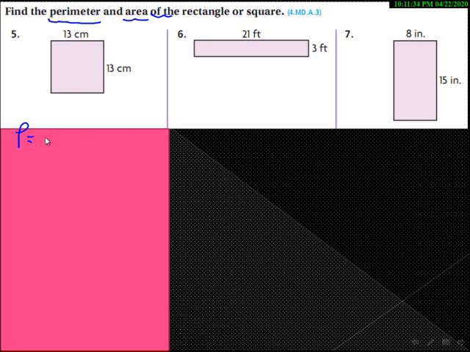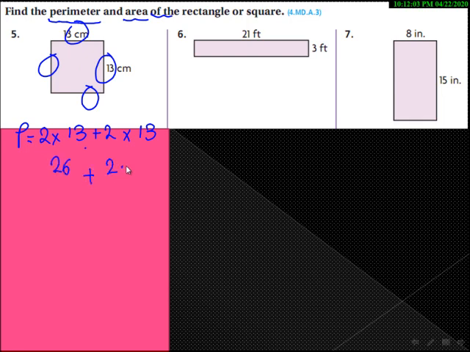Do you remember the formula of perimeter, which says 2 multiply what plus 2 multiply what? Yes, I have a square. I'm going to use this formula, or I'm going to multiply 13 by 4 because all sides are equal in length, especially in squares. So what is the final answer?